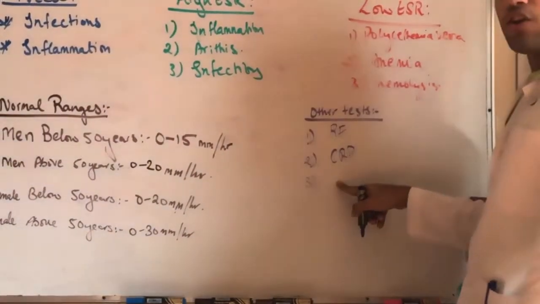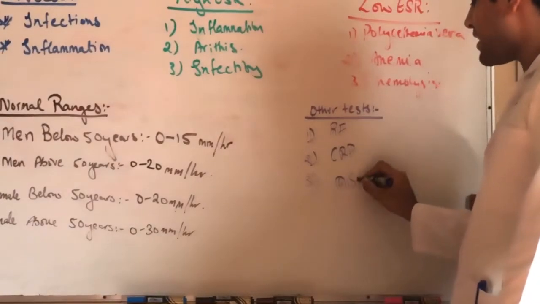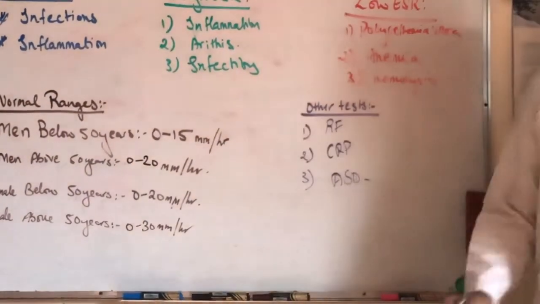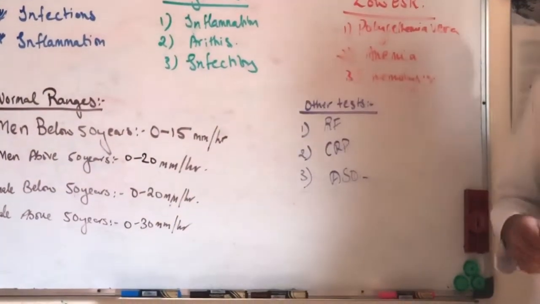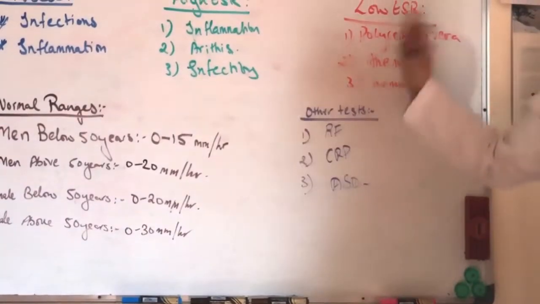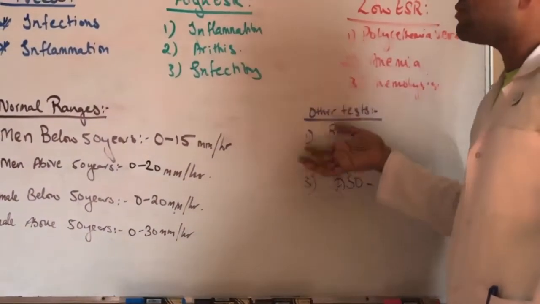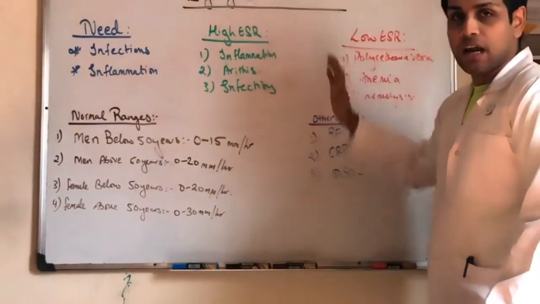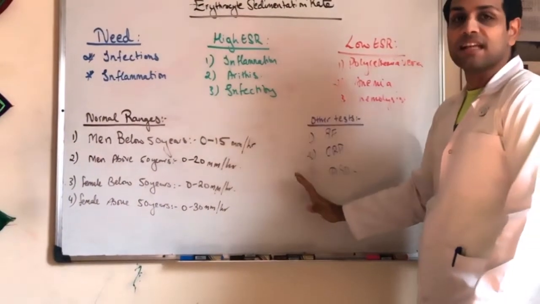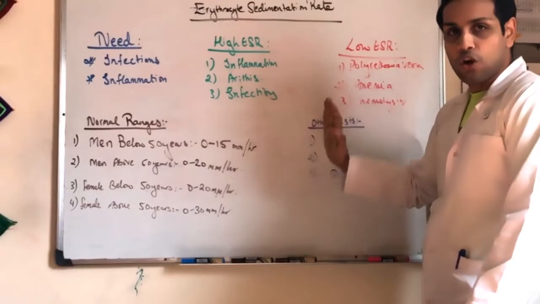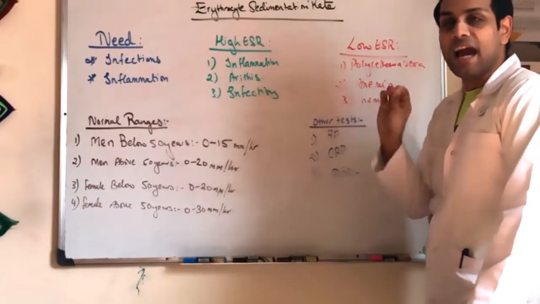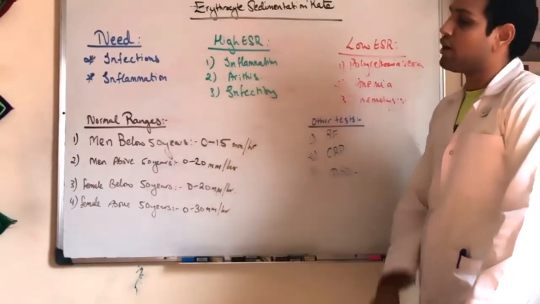And finally, you have the ASO test, which is the anti-streptolysin O test, which also tells you if you're suffering from any infections, so that we can confirm. These can be given along with ESR as confirmatory tests, so that the results can be given quickly to the doctor and the doctor can easily identify or diagnose your issue.